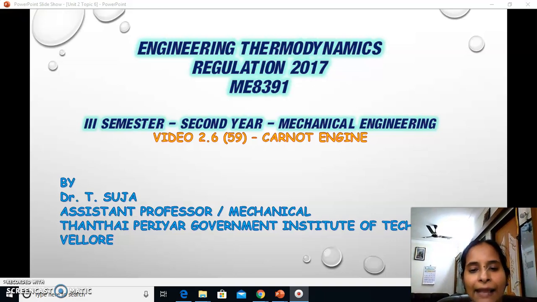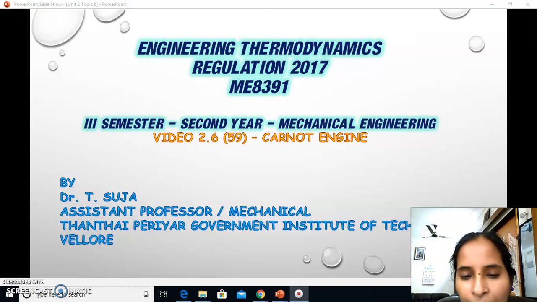which also works the same as heat engines, whereas in Carnot engines we are going to define the various types of processes which constitute the Carnot cycle, so that the efficiency of the Carnot engine would be extremely high.